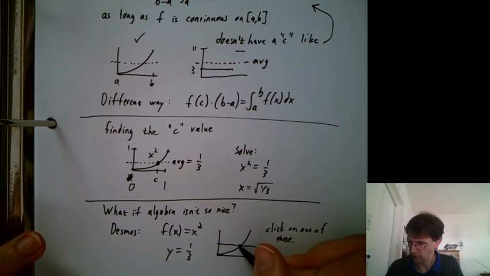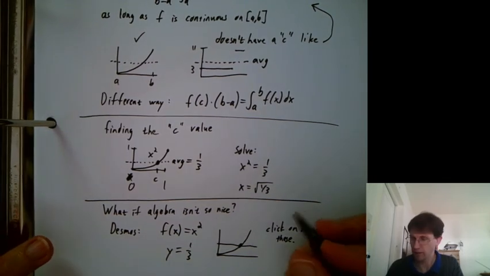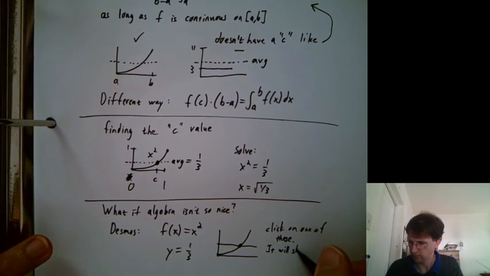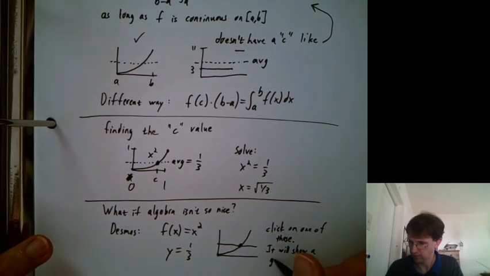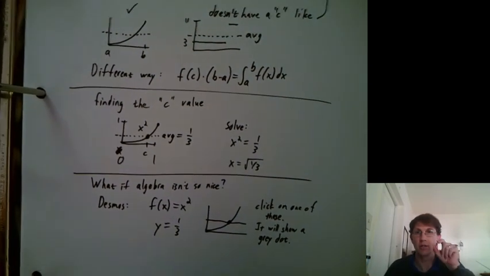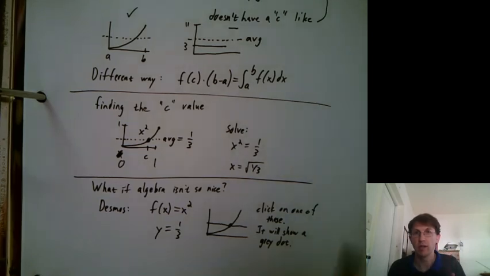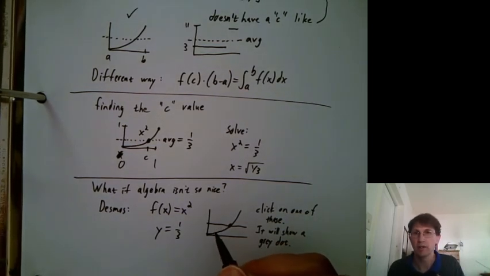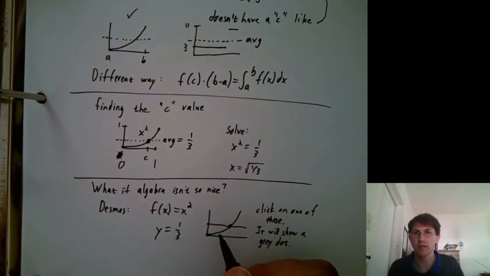it will show a gray dot where they intersect. And then just hover your mouse near that and it will report to you the x and y value. It doesn't give it to you with an infinite number of decimal places, but at least it's like 3 decimal places, which is good enough for the kind of stuff we're doing.